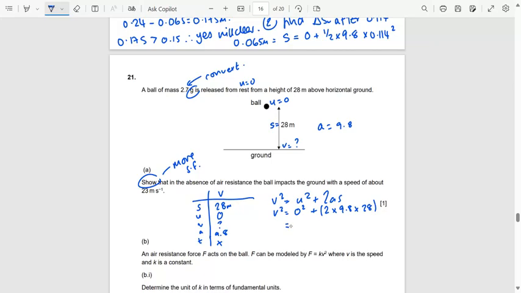If I work that through, I get V squared equals 548.8. So V is the square root of 548.8, which is 23.4. Looking good, more sig figs.